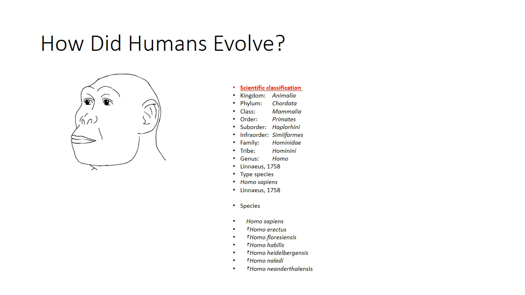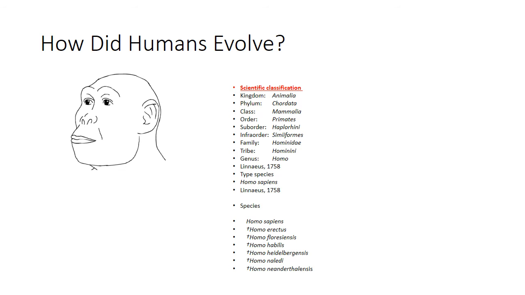Now, what about us, humans? How did humans evolve? First of all, let's classify us, going through all these boxes of scientific classification. To what box do we belong? Well, domain definitely Eukarya, right? Kingdom is Animalia, animals. Phylum Chordata, right? Among vertebrate animals, there are no other phyla, so that's an easy one.